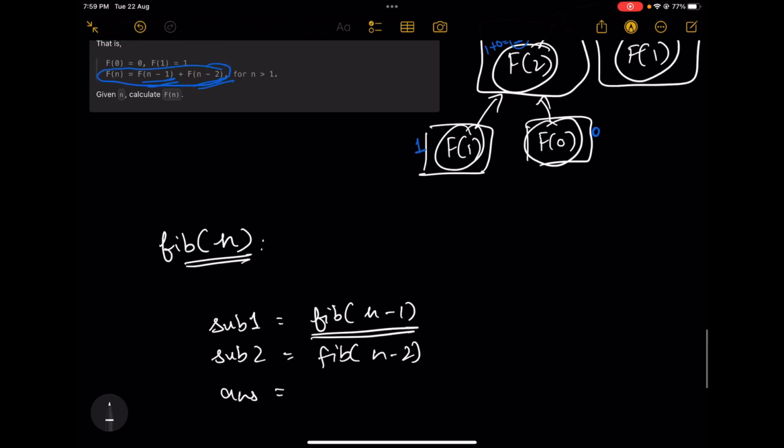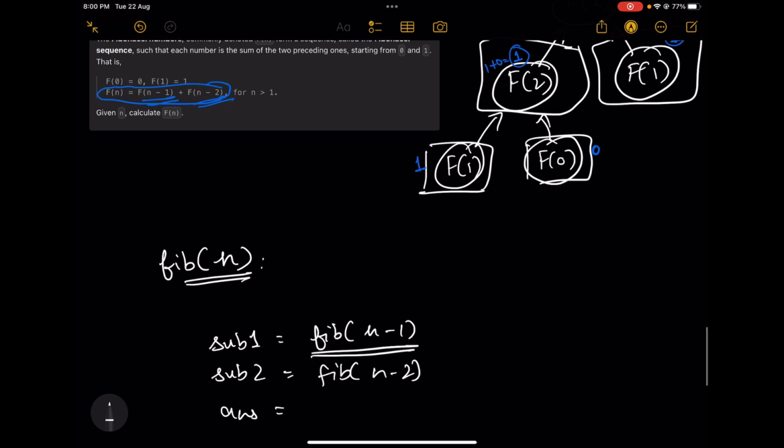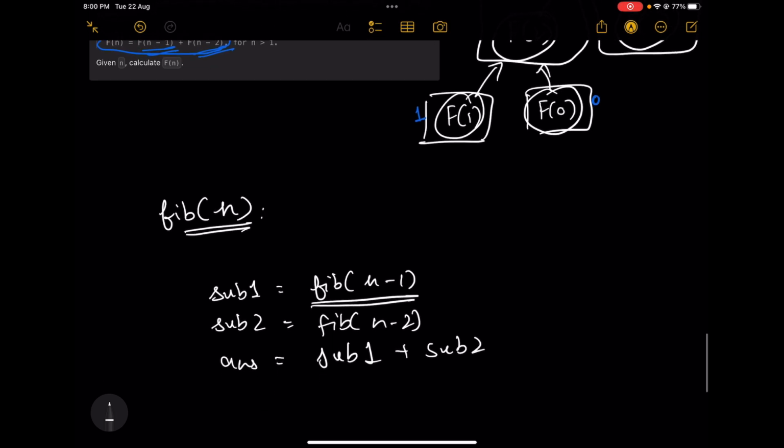The way to combine it is given in the question itself. You just need to add the answers to these subproblems to get fib of n. So we just add sub 1 plus sub 2, and we get the answer. And finally, we can just return this answer.